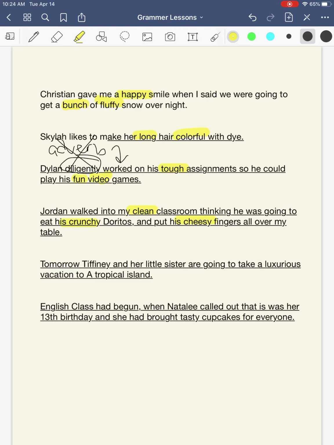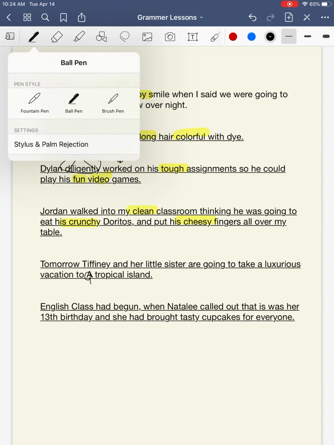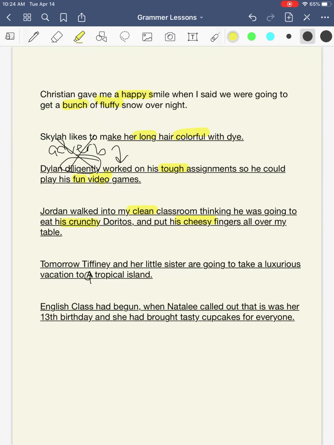Next sentence. Tomorrow, Tiffany and her little sister are going to take a luxurious vacation to a tropical island. There are 3 adjectives in this sentence. See if you can figure out what they are.